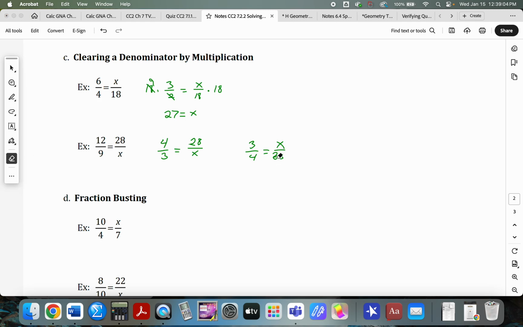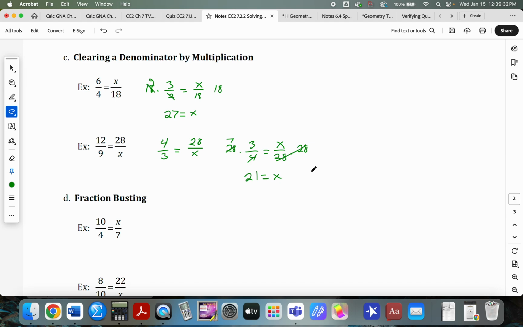So then just multiply both sides by 28. 4 goes into 28 7 times, and 7 times 3 is 21. By doing it this way, I didn't have to do any ugly long division.